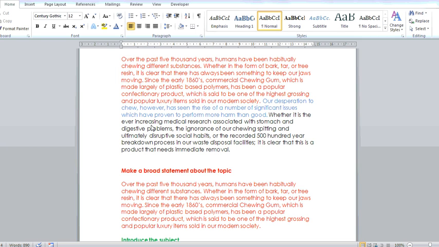"Whether it is the ever-increasing medical research associated with stomach and digestive problems, the ignorance of our chewing, spitting, and ultimately disruptive social habits, or the recorded 500-year breakdown process in our waste disposal facilities." I think there's supposed to be a comma in there, after "our chewing." Now, if I just pause there, think about what this section is.